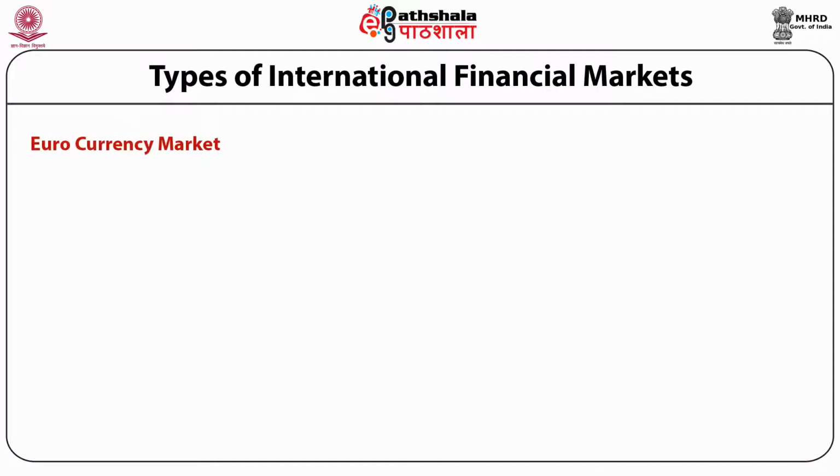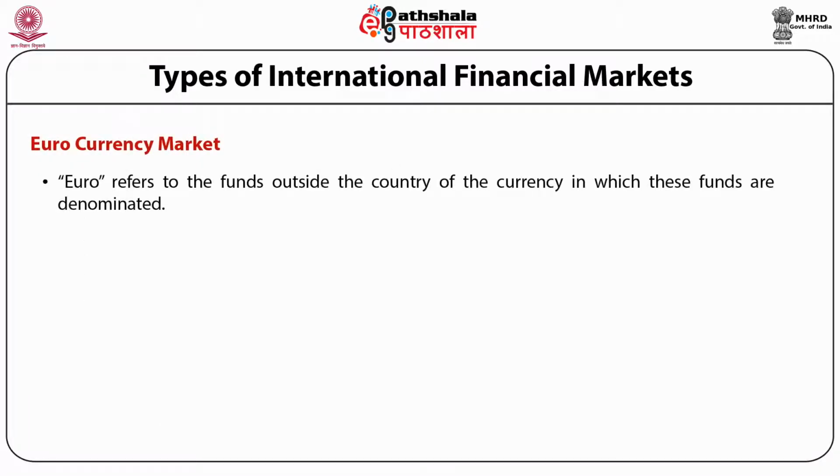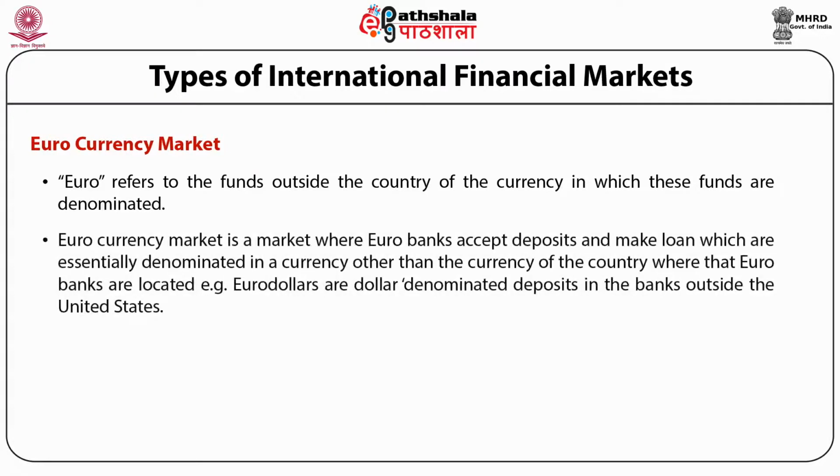Euro currency market. Euro refers to the funds outside the country of the currency in which these funds are denominated. Euro currency market is a market where Euro banks accept deposits and make loans which are essentially denominated in a currency other than the currency of the country where the Euro banks are located.